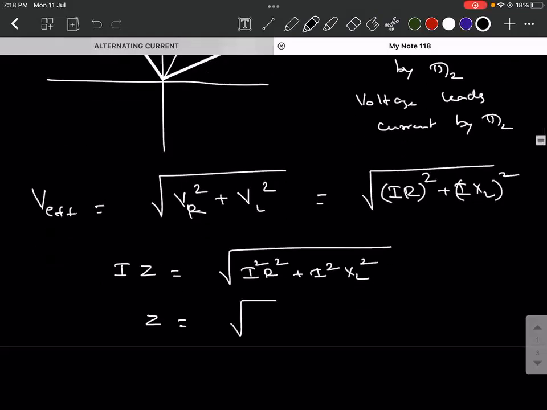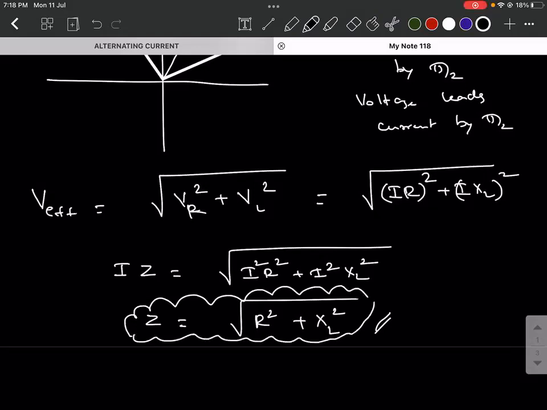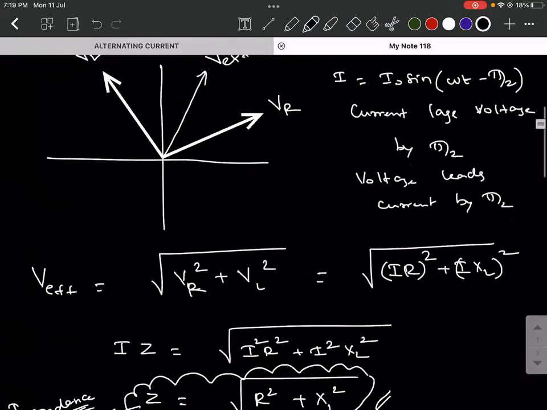So Z will be equal to root of R square plus XL square. Is the point clear, guys? Those who are online, are you able to understand? So Z, the impedance, in the case of a series RL circuit will be equal to root of R square plus XL square. Okay, please copy it.